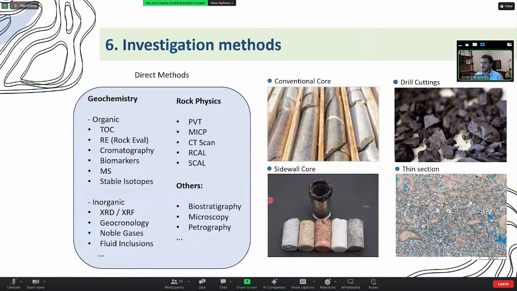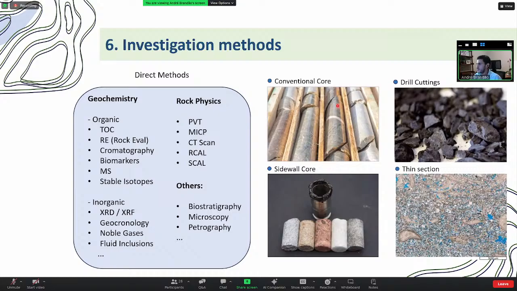But again, we had the seismic, we drilled a well, and in this case, we got the actual rock. The drill bit is not crushing the rock, but we use different equipment that is able to get the rock from the subsurface.